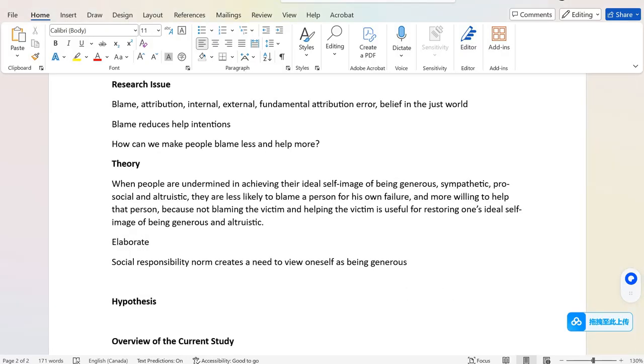Another point you need to elaborate is that when people fall short of their personal standard, they feel uncomfortable.